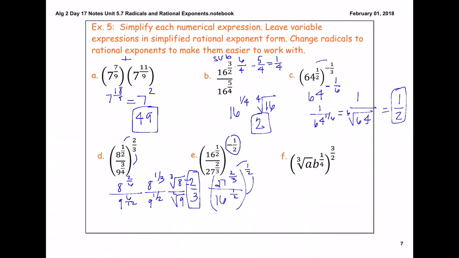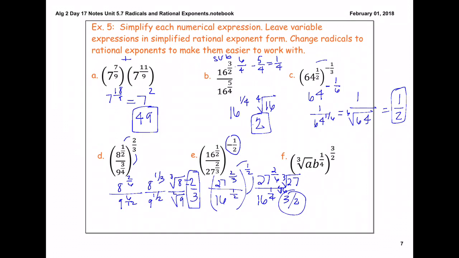So you have 27 to the 2/6 over 16 to the 1/4. The cubed root of 27 is equal to 3. The 4th root of 16 is equal to 2, so our answer is 3/2.